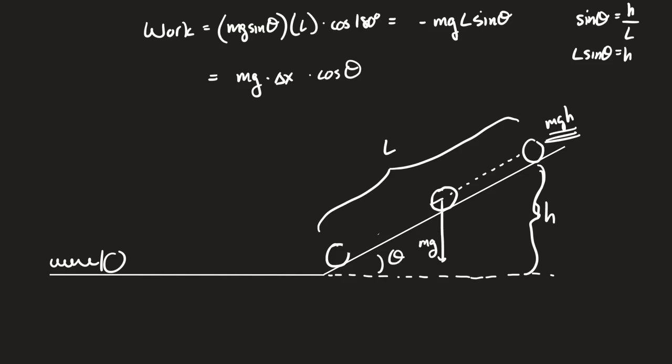Delta x is L. What is theta here? It's not the ramp. Theta is this angle. For cosine in my work equation, that's the angle we're talking about.